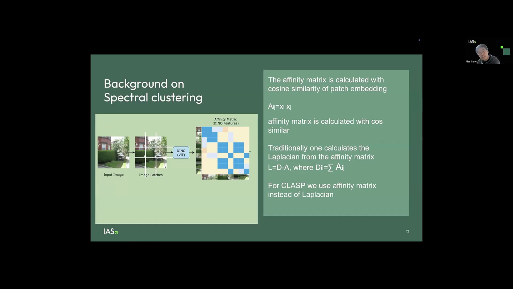Instead of calculating the Laplacian, which is traditional spectral clustering, the diagonal matrix minus the affinity matrix, where the affinity matrix is just a cosine similarity because I'm using DINO, I just used the affinity matrix by itself, because I thought that made more sense. I don't see why I need to use the Laplacian, maybe by instinct or maybe by luck. And I found I somehow get state-of-the-art performance for self-supervised learning.